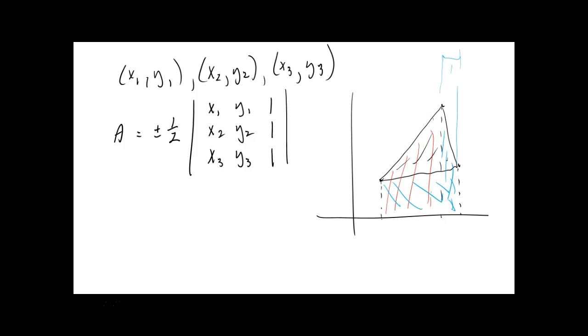So the plus or minus 1/2 came from half of the trapezoid or the triangle? No. The determinant here, when you do this determinant, depends on which order you happen to put these down. Remember, if you change the order, you change the sign. So if you put these down in other than the optimum order, then this is going to be negative, so then you'll need the minus sign to make it positive again.